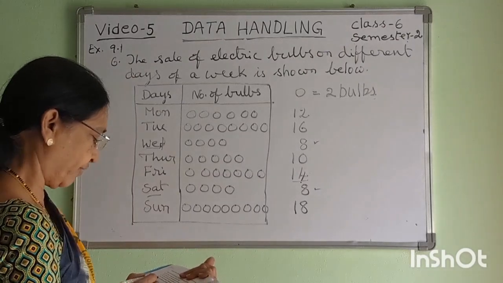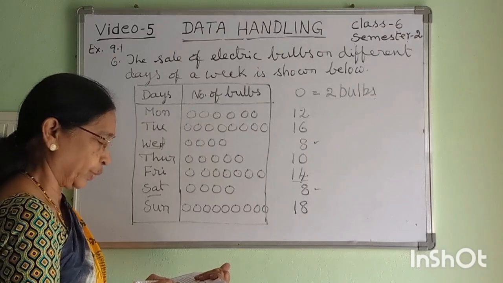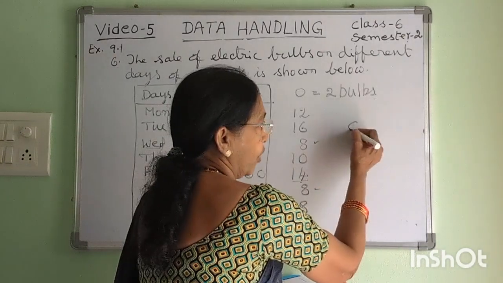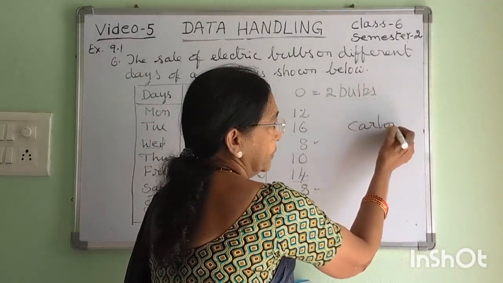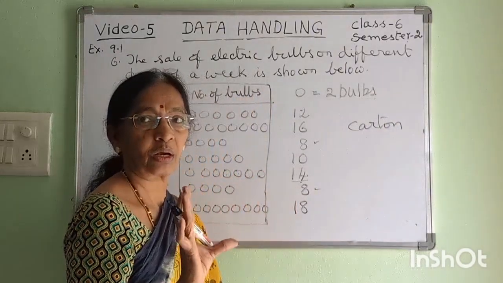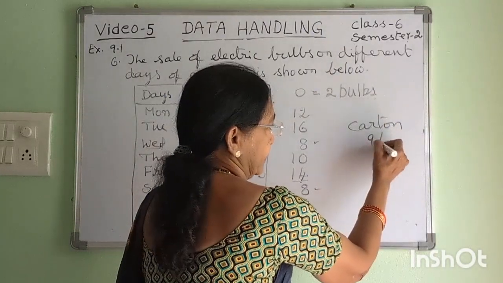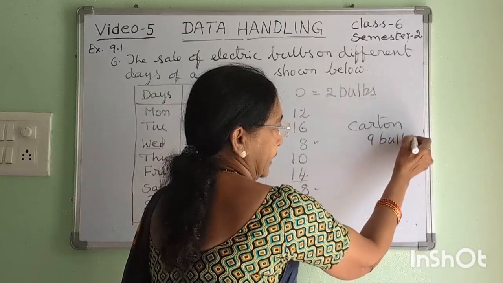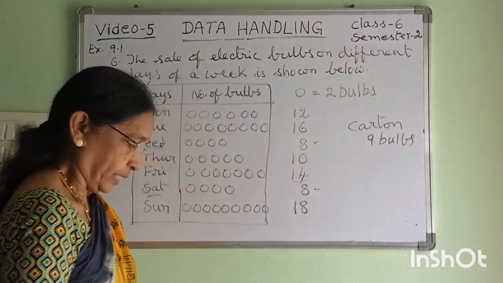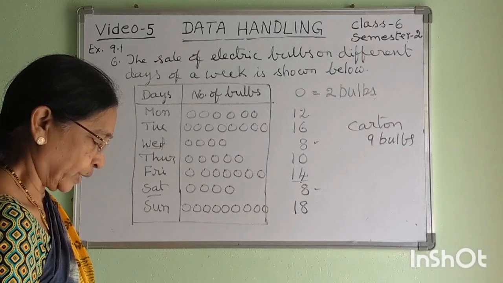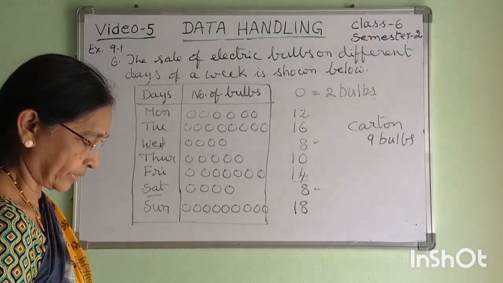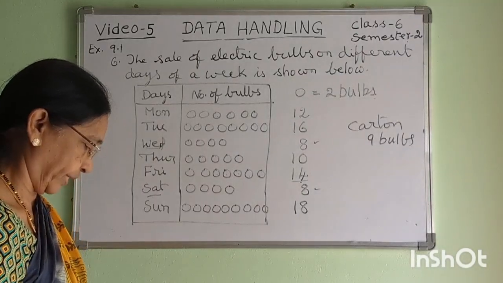Next question: if one big carton can hold 9 bulbs, big carton means a box, a cardboard box. If a big carton can hold 9 bulbs, how many cartons were needed in the given week?